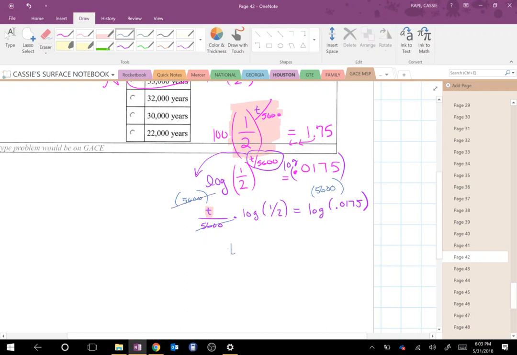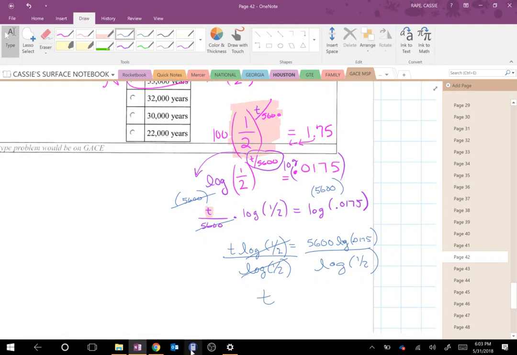Now I've got t times the log of 1/2 is equal to 5,600 times the log of 0.0175. Now I'm going to divide both sides by the log of 1/2, which is just some ugly number. And now t is isolated.